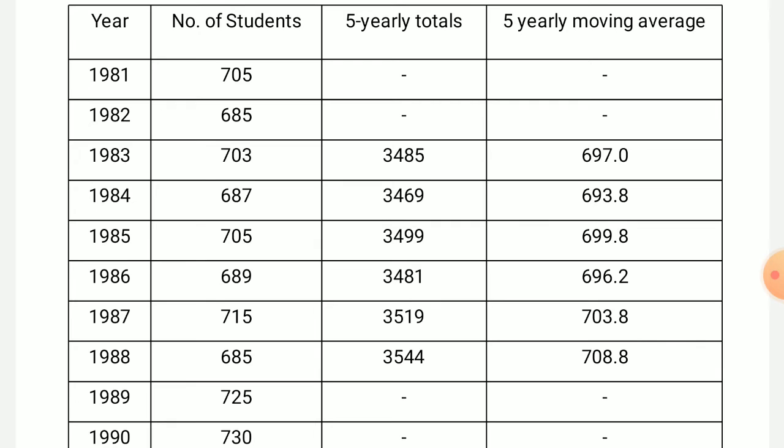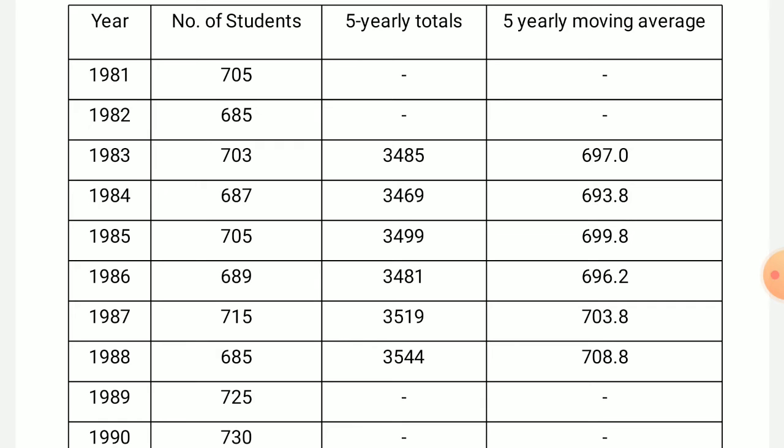And we have to plot these trend values on a graph. Then it will give us the trend. So here the 5 years total is to be divided by 5. Then we get the 5 yearly moving average.